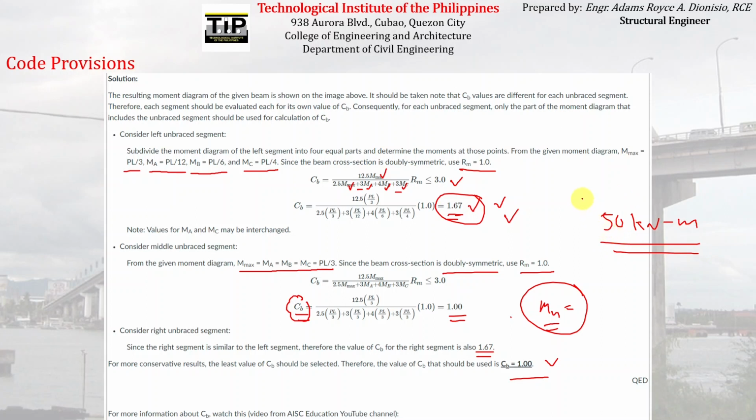So you can expect that the load that will be applied must be resolved to a bending moment that will not be greater than 50 kilonewton meter, resulting in a safer design.